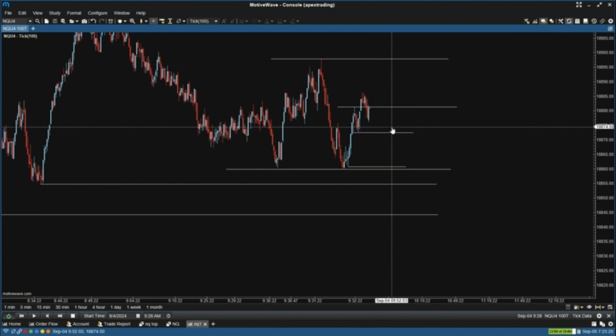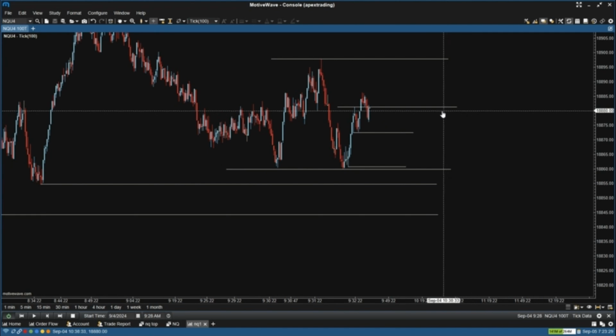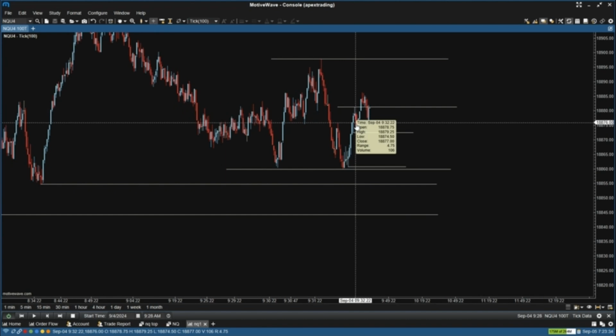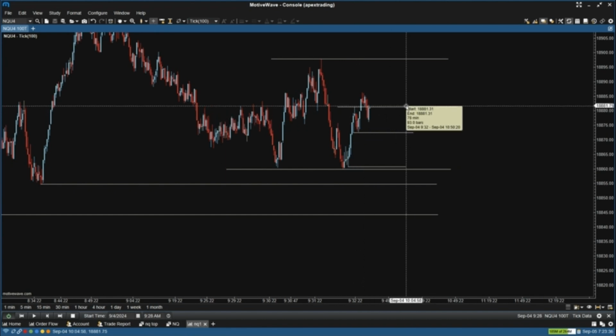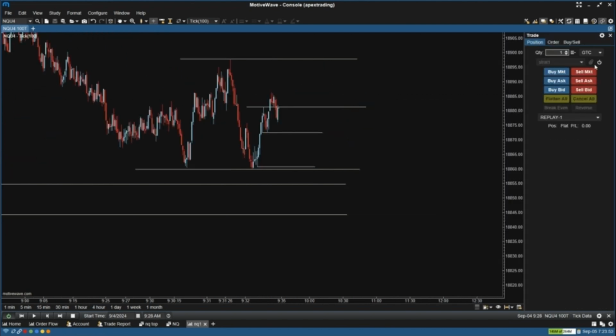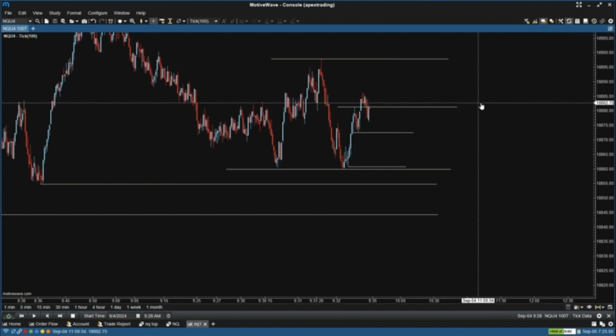Okay, so we are making a higher low now. So I'm interested now to enter. Long here. No. Long on this area.